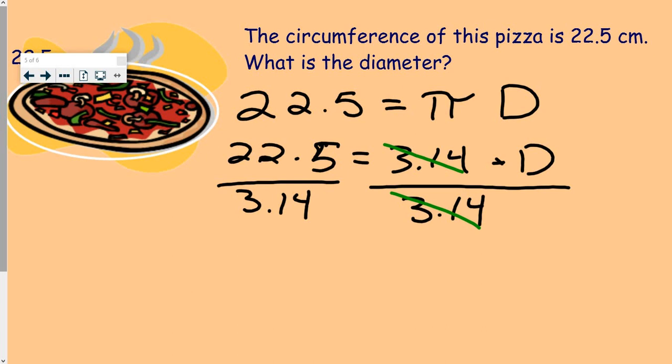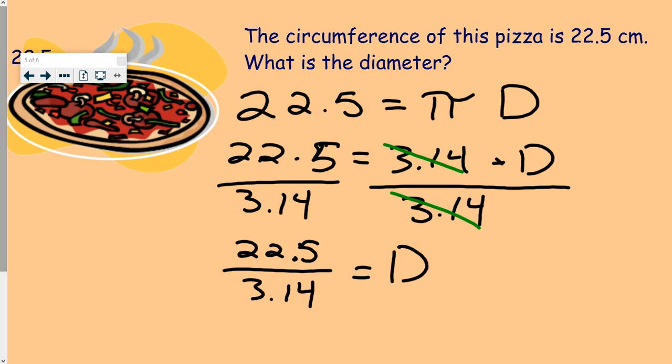So we're left with 22.5 divided by 3.14 equals d. So d equals, and we're going to round this a little bit, 7.17.